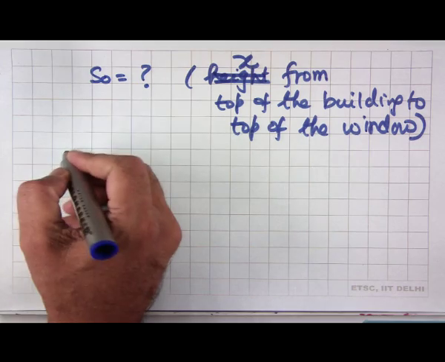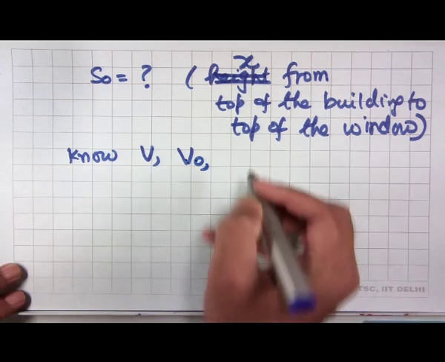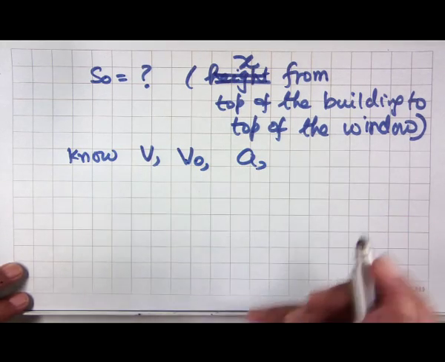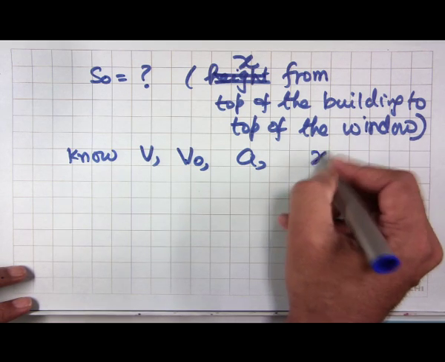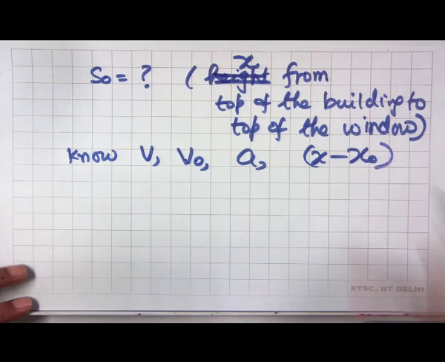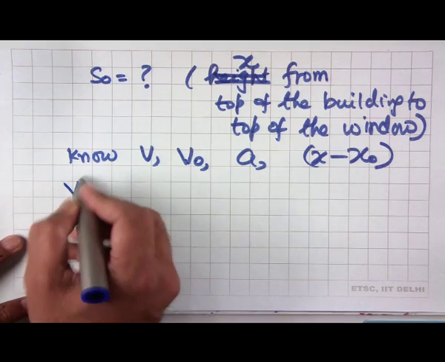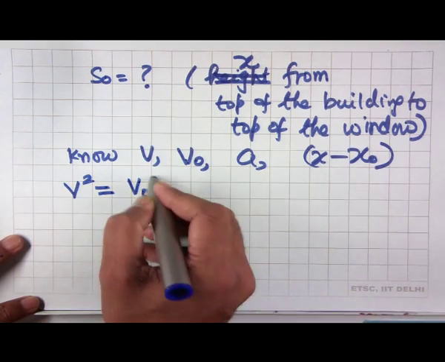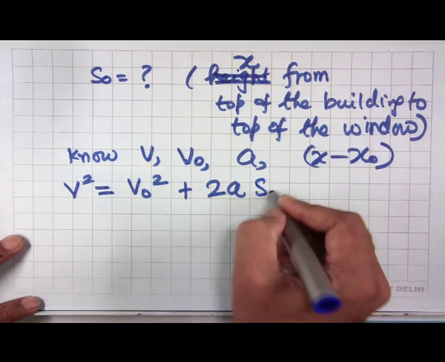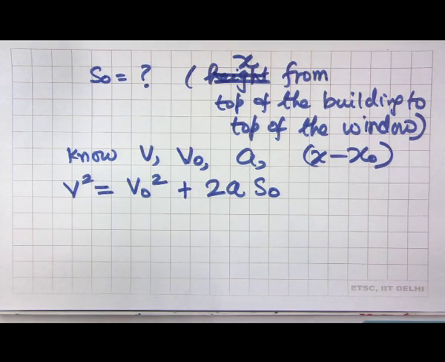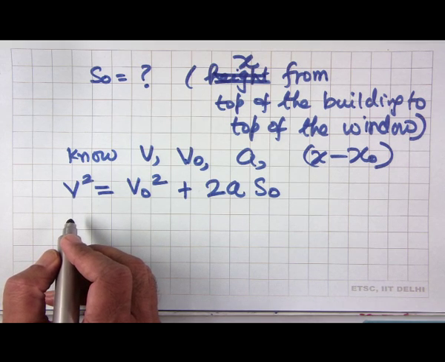So, we know v, we know v0 and we know the acceleration, and so we can use this to find the distance x minus x0. So, we use the formula v square is equal to v0 square plus 2a times x minus x0, which is S0. Now, V was given as 4.